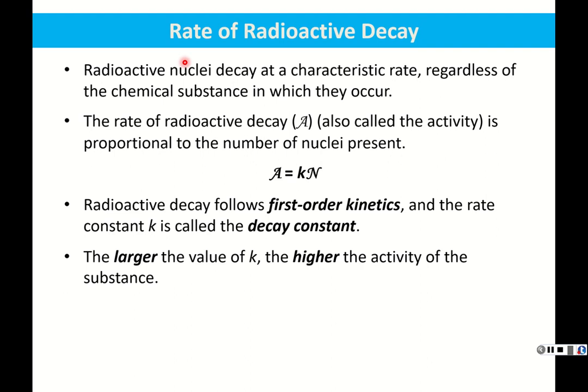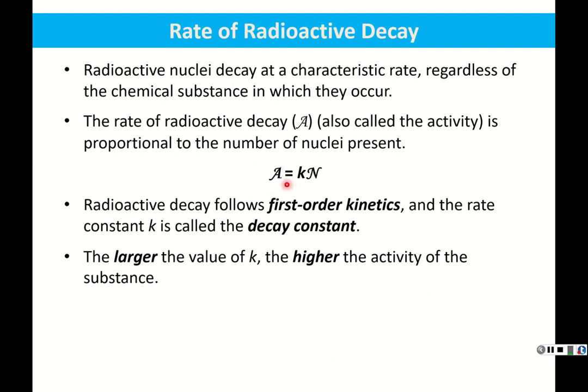The rate of radioactive decay, A, is also called the activity. And this is proportional to the number of nuclei present. That's the only thing it depends on. It doesn't depend on how that element is bonded into a molecule. That has nothing to do with it. Just how many of those radioactive nuclei are present.